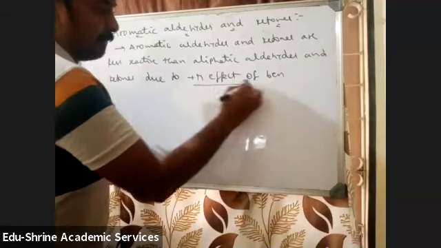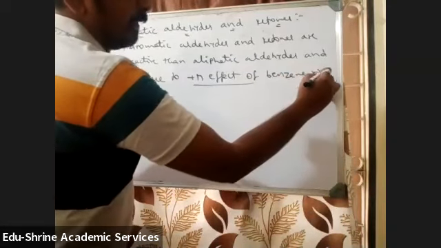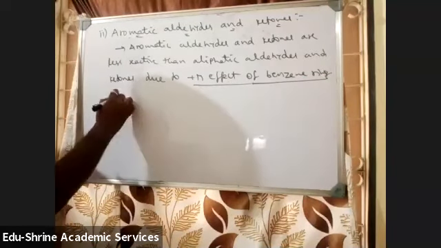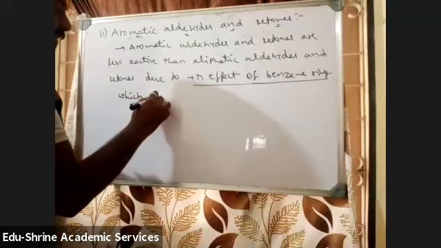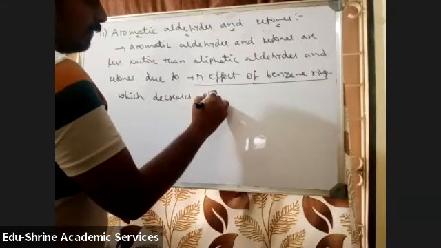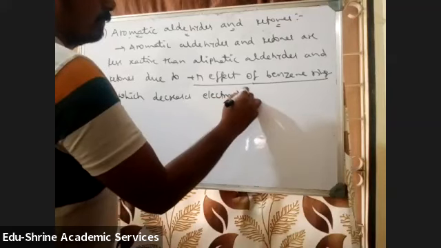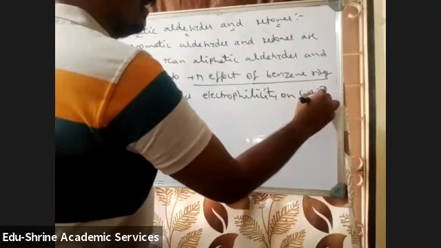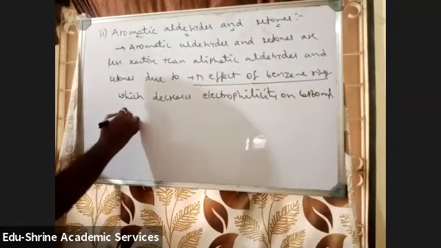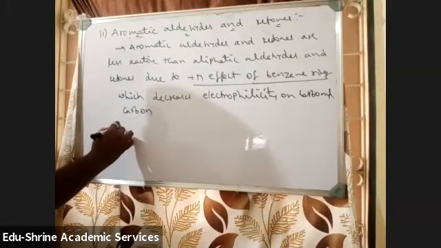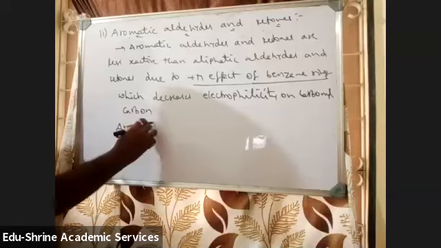So be careful, it is the plus M effect of the benzene ring, not the C double bond O group, which decreases electrophilicity on the carbonyl carbon. Okay? So that is the reason. So aromatic aldehydes will be less reactive.